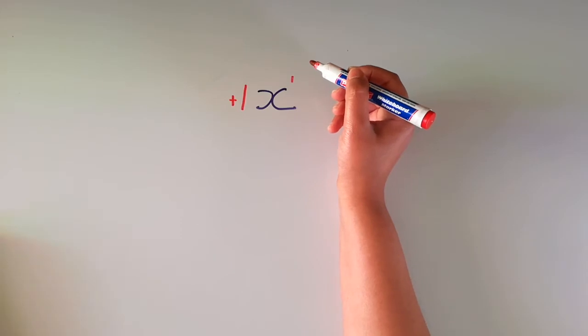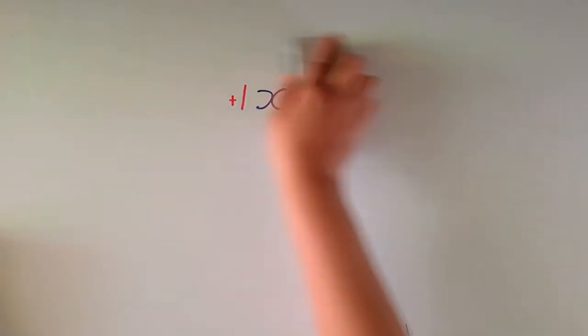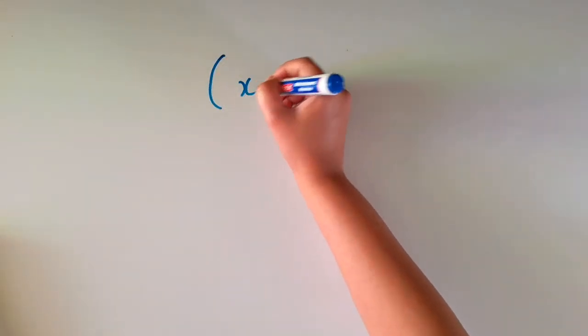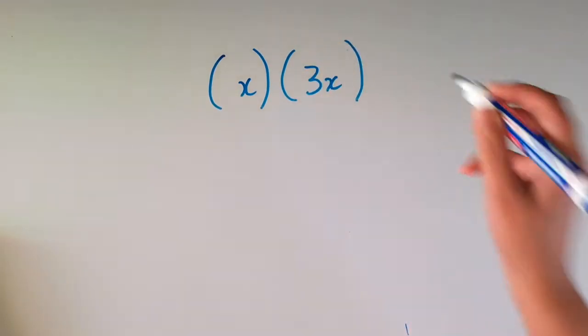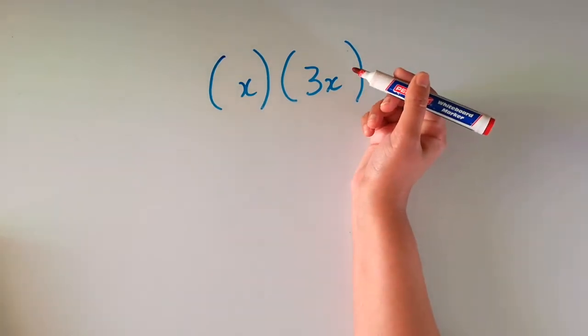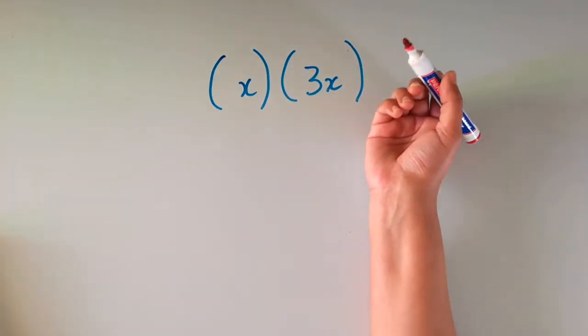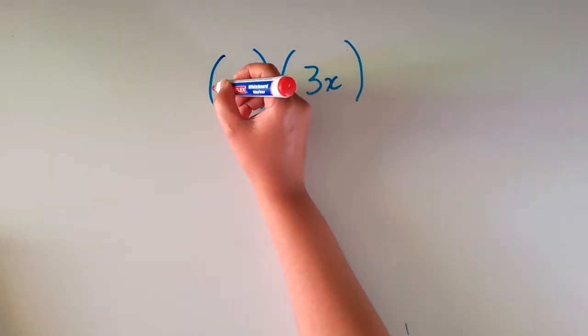Sorry about that. Let's do an example. Let's say I have x times 3x. So before I can multiply these, I'm going to fill in any invisible signs and numbers. As we said, if there's no sign, then obviously that sign is a plus.